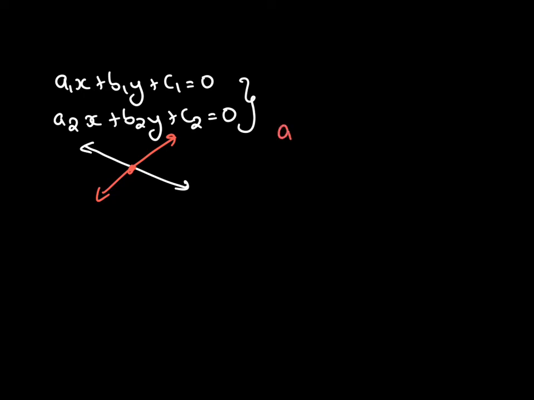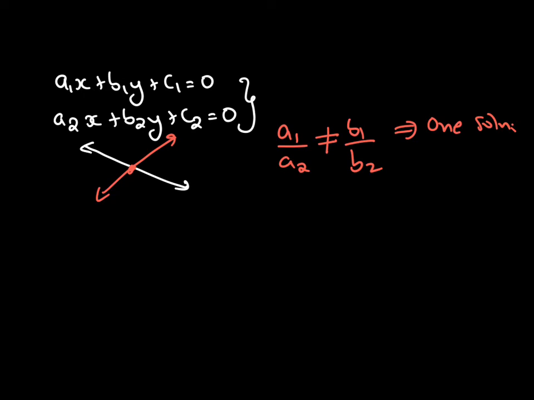When a1 over a2 is not equal to b1 over b2, then the lines will intersect at only one point and it will have exactly one solution. So algebraically we can know when a pair of linear equations will have one solution.